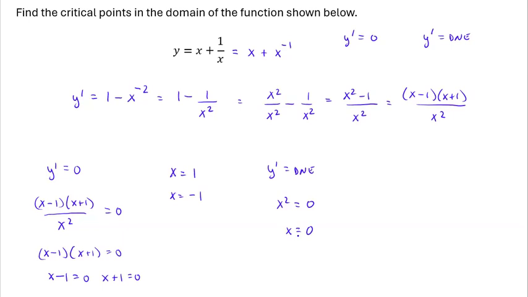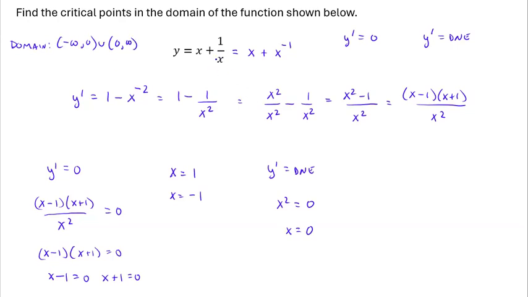All right, now keep in mind when it comes to finding critical points, you only want to use the values that were in the domain of the original function. So if we go all the way back to the original, we've got y equals x plus 1 over x. The domain for this function was from -infinity to 0, not counting the 0. And then we also had the interval from 0 to infinity, right?